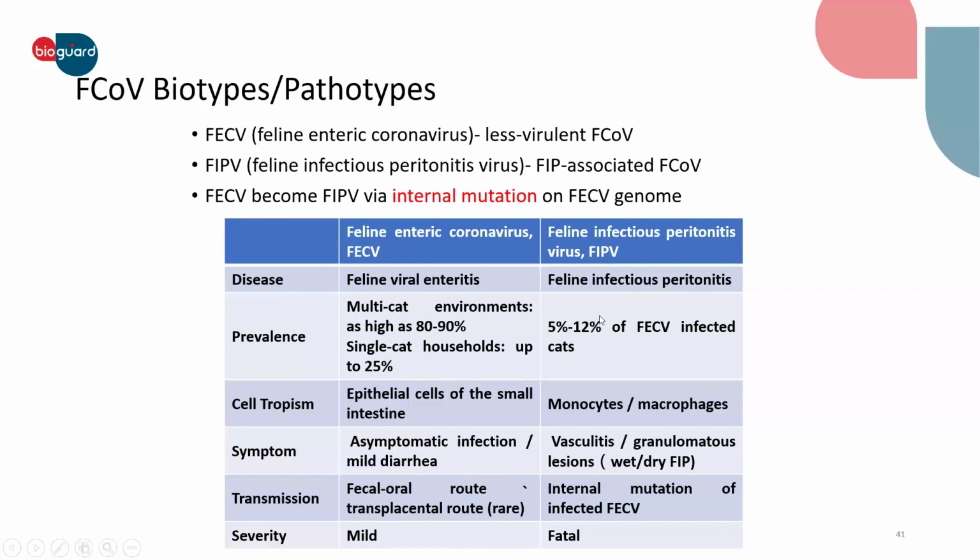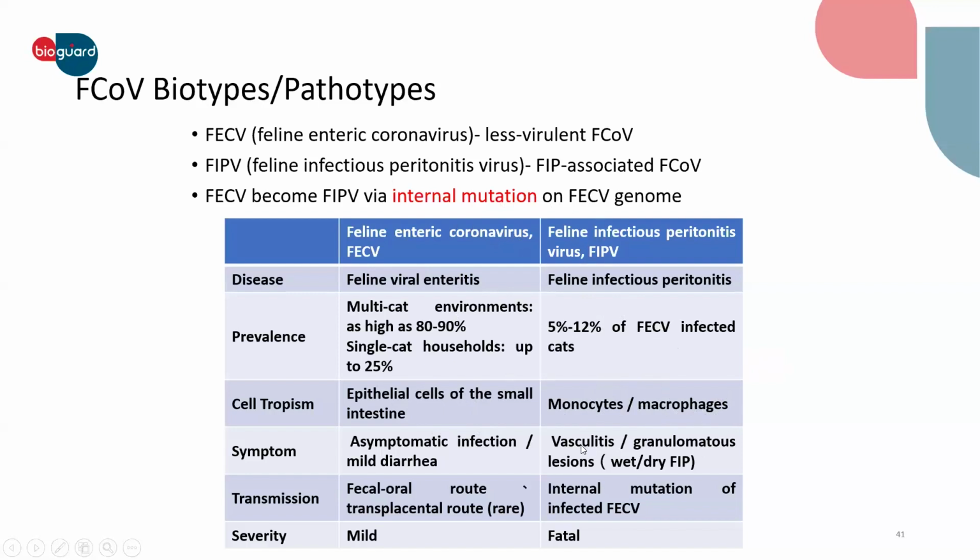And for FIPV, 5% to 12% of FECV infected cats develop it. I cannot say only, because once it becomes the FIPV, it's usually fatal. It infects monocytes or macrophages, because after the internal mutation, the cell tropism changes from the epithelium of the small intestine for FECV to monocytes or macrophages for the FIPV.